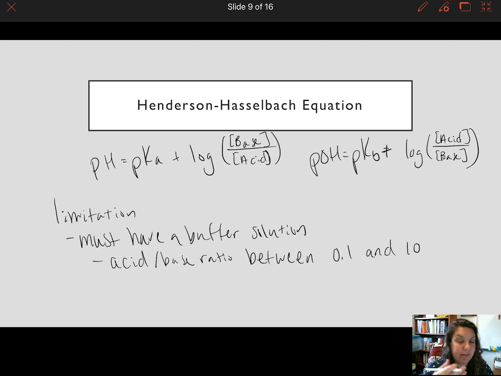So basically, our base or acid can only be 10 times the size of the other. And then we are assuming X is small.